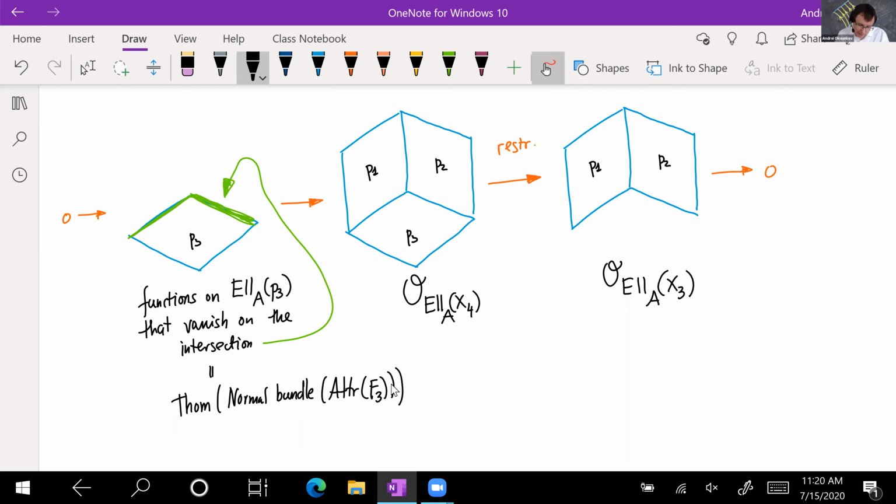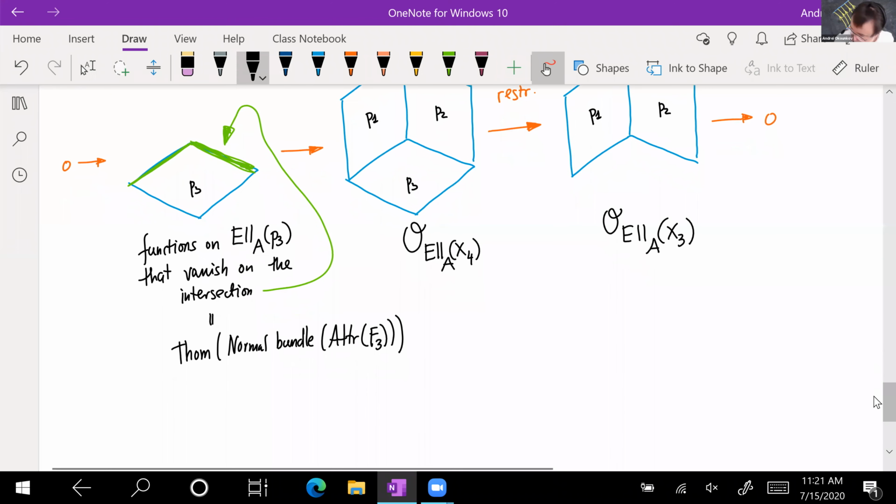We will go over this one more time, so don't worry about it. The point is that in this induction, the ideals that we have to analyze at every point have to do with the Thom sheaves of normal bundles.